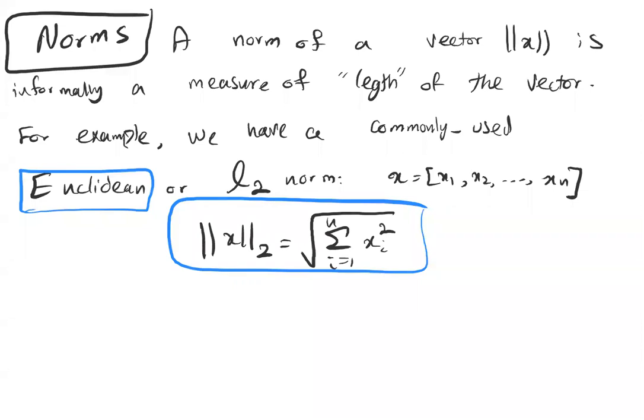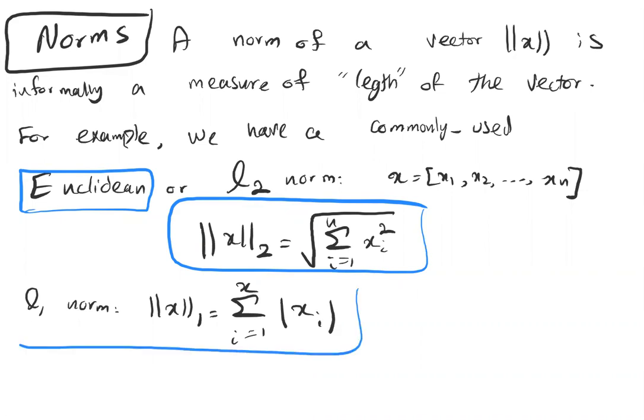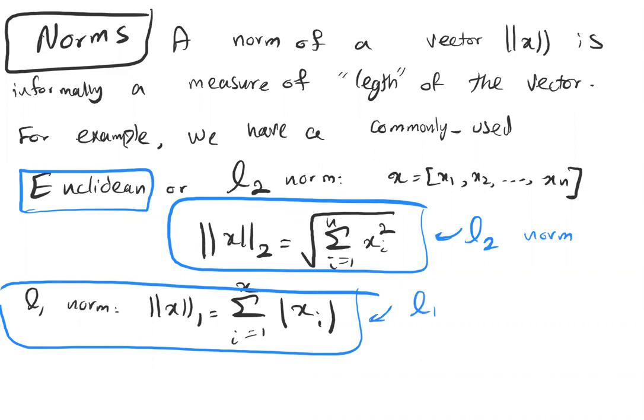So other examples, L1 norm. L1 norm of vector x is equal to sigma i from 1 to n, absolute value of x sub i. So this is L2 norm, this is L1 norm.